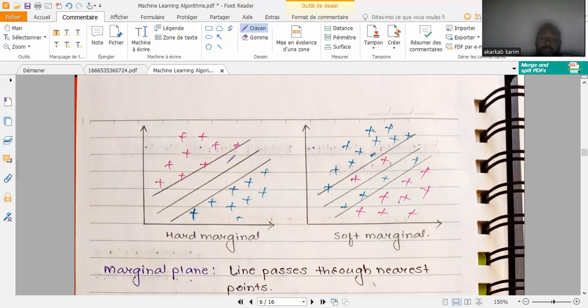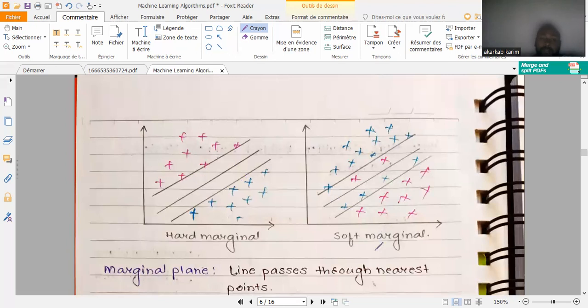I mean, we don't have any point inside or closer to this line or this line. Everything is separated perfectly. I mean, you don't have any errors here. You don't have any points close to this green one, or any red one close to this blue one.